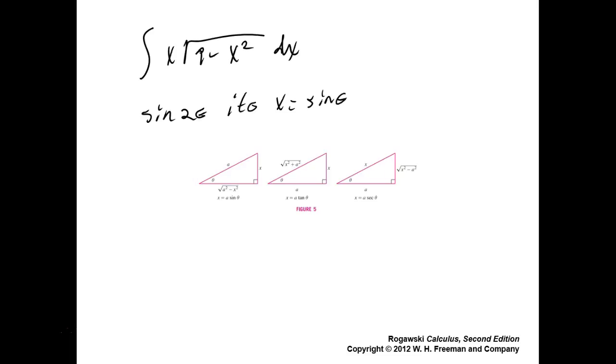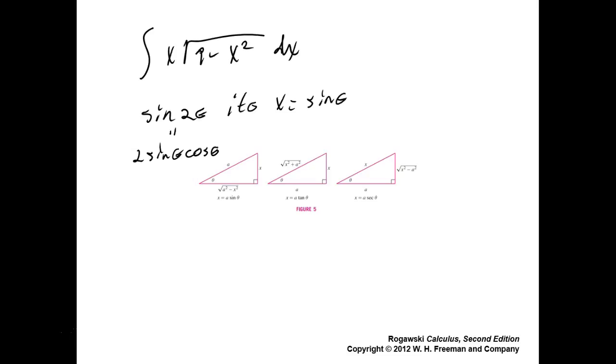What's the first thing you better do? You don't want that 2 theta in there, you want just theta. Right? So how do you do sine 2 theta? What is that equal to? We looked it up earlier. 2 sine theta cosine theta. Very good. Now what would we do with that x so we can express sine 2 theta, which is 2 sine theta cosine theta, in terms of x?